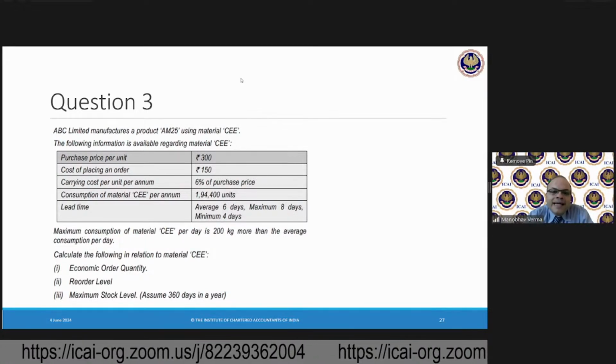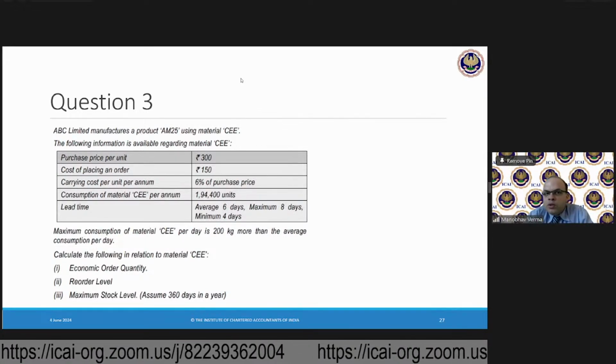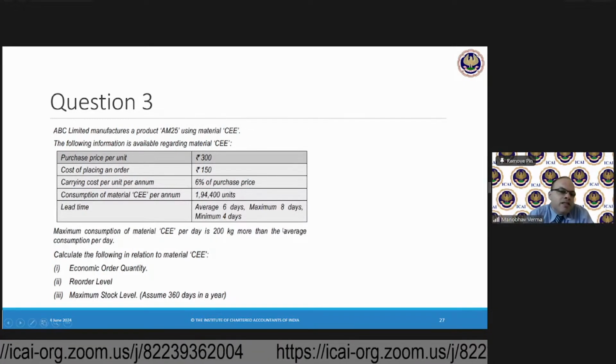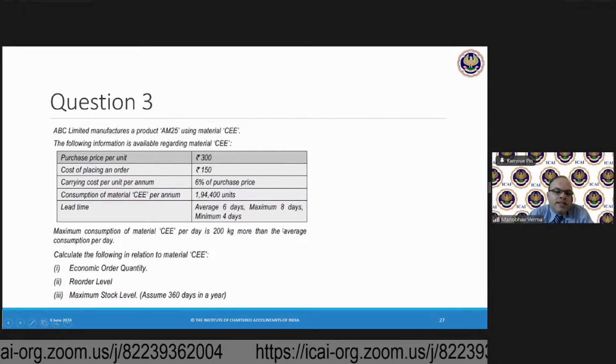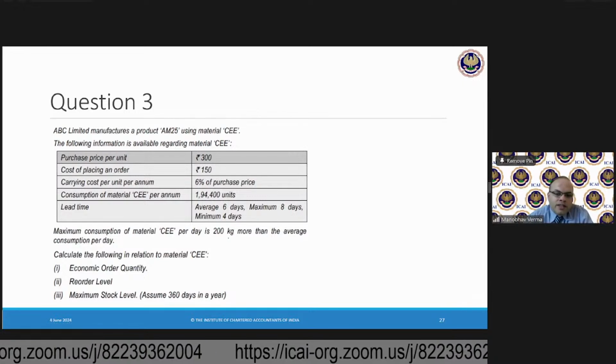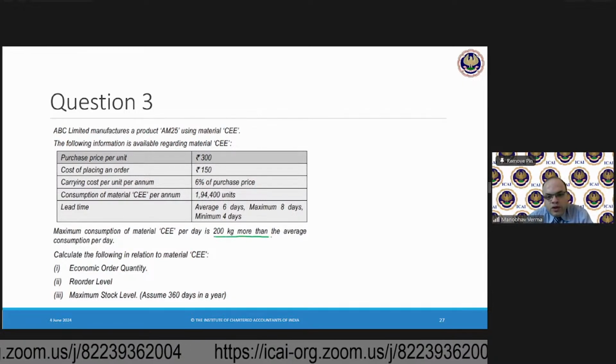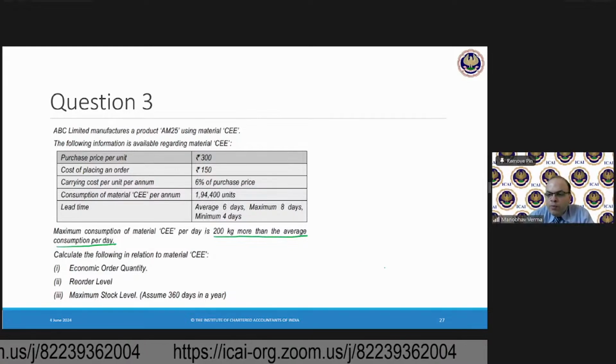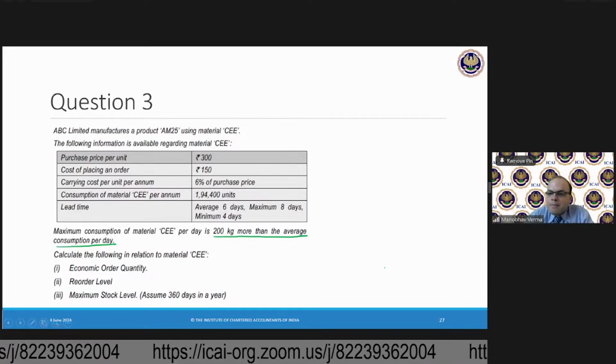Consumption is given. Lead time, average, maximum, minimum. All the three perspectives are given to us. And the maximum consumption per day is 200 kgs more than the average consumption. So this could be important information for us, calculating the different levels here. It's again one of our past exam papers, guys.